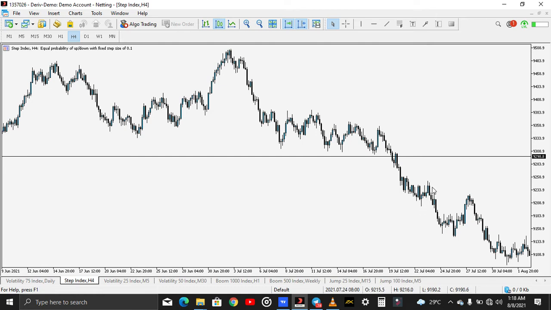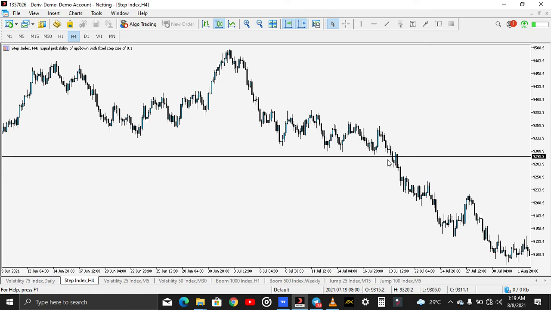If you notice, when the market is in a downtrend, the next lower high should not break the previous lower high.